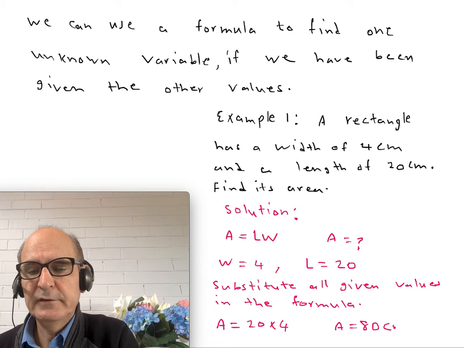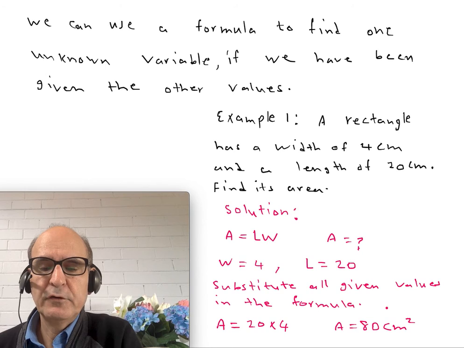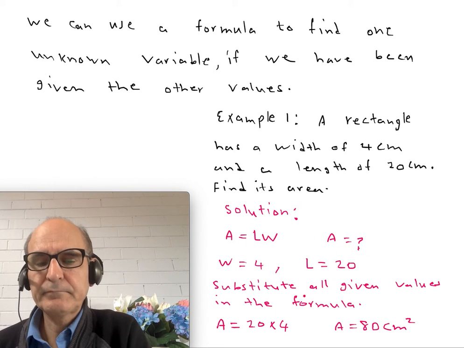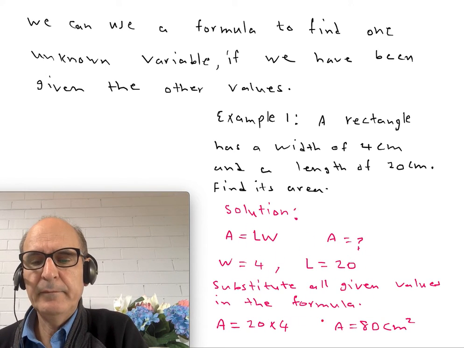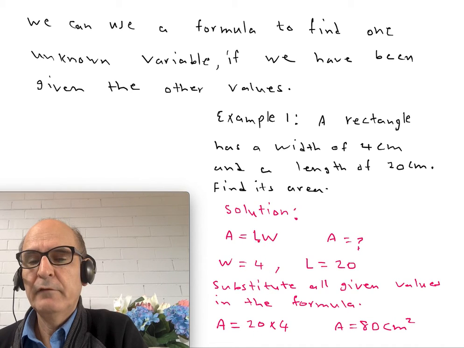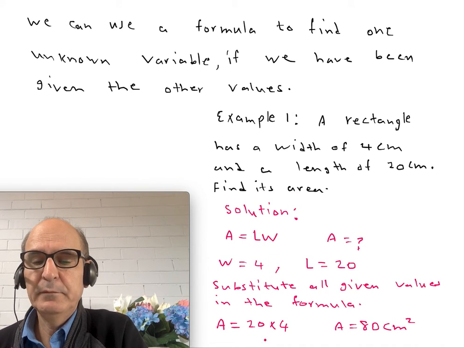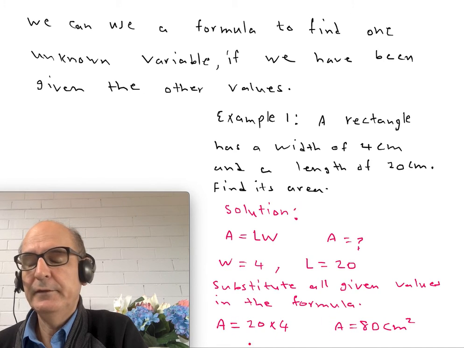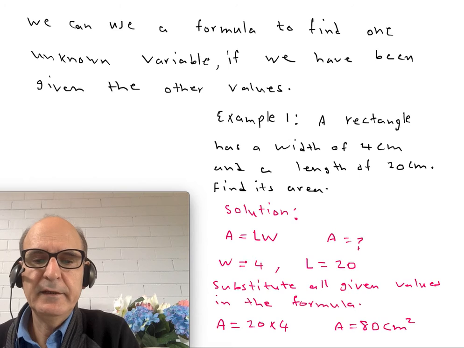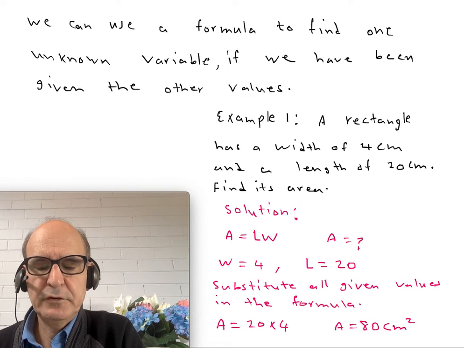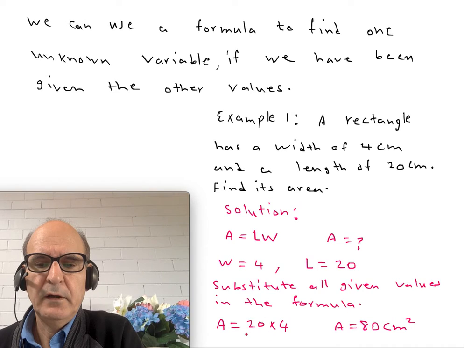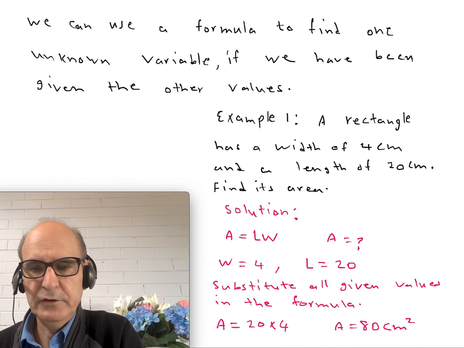And the unit is square centimeters. So all we did here, we substituted the given values for the variables and worked out the unknown value, which was A. That is an example which was not very difficult in terms of solving the equation.